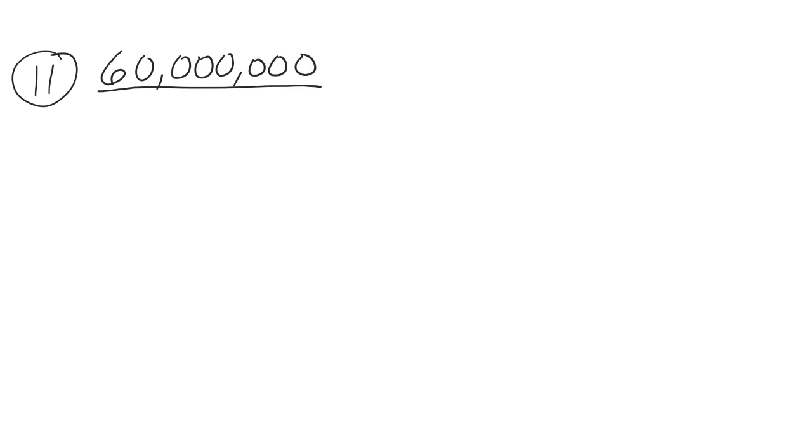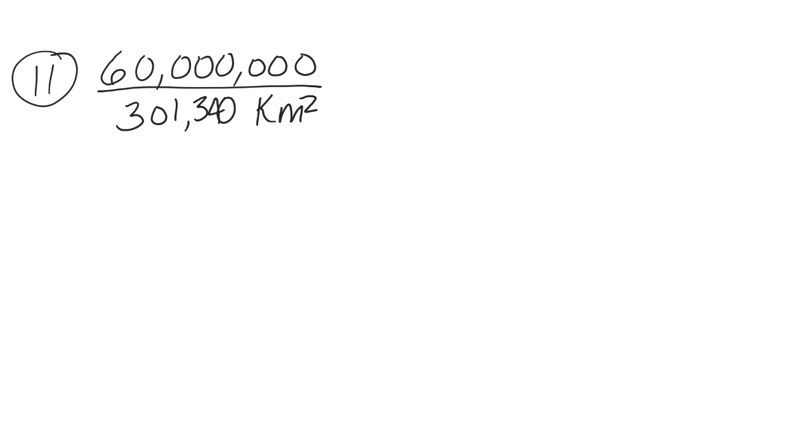Number 11. Italy's area is 301,340 kilometers square and its population is 60 million. What's the population density? So here it is, 60 million, write out the zeros. And we're going to divide by the square kilometers of Italy.